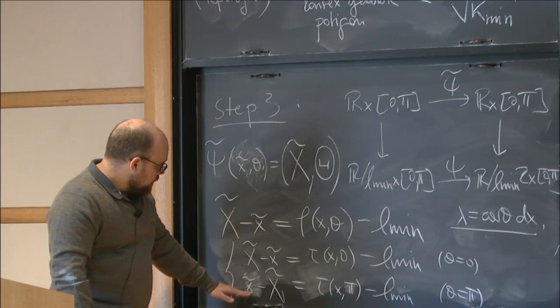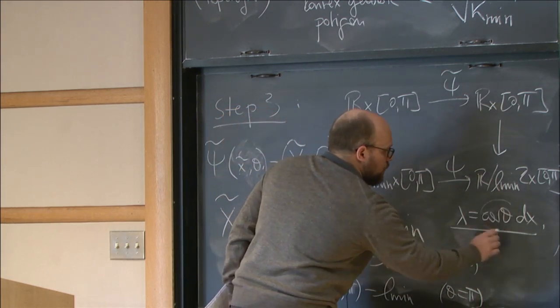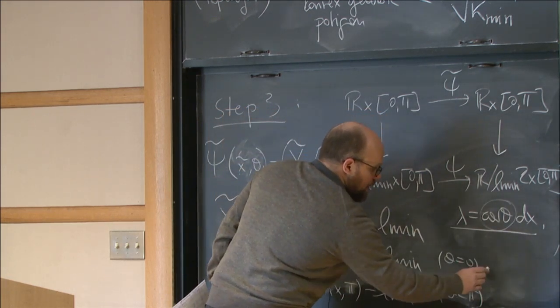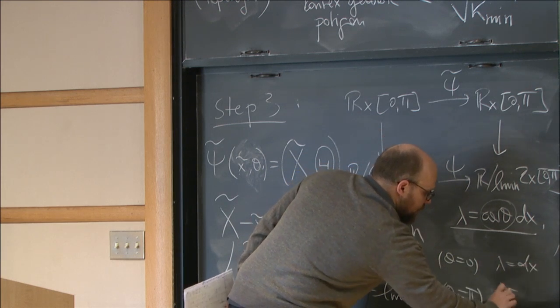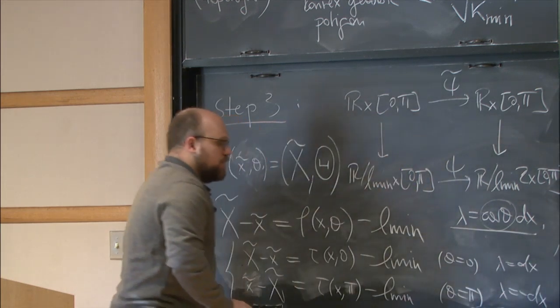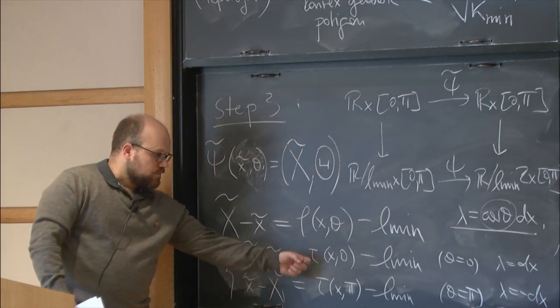And for theta equal to pi, you get a -1 here. So for theta equal to pi, here you have lambda equal dx, and here you have lambda equal to minus dx. So if you integrate minus dx, you get minus the difference of the x coordinates, right?